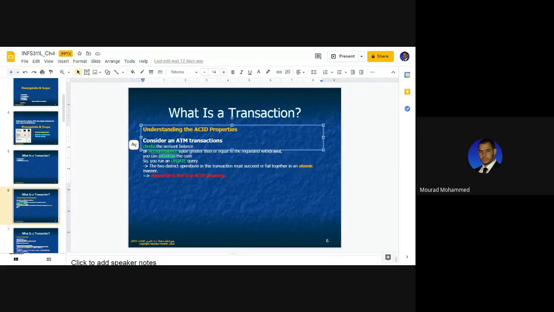It means the withdrawn money has to be deducted from your account balance. It cannot give you cash without deducting the cash you took from your original account balance.